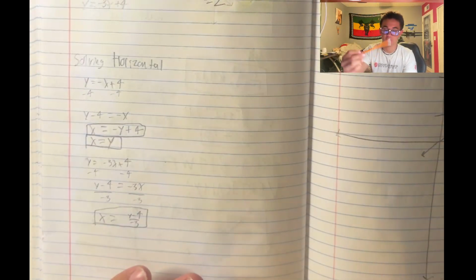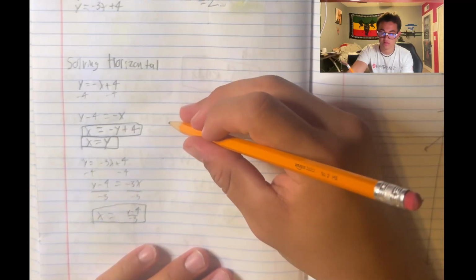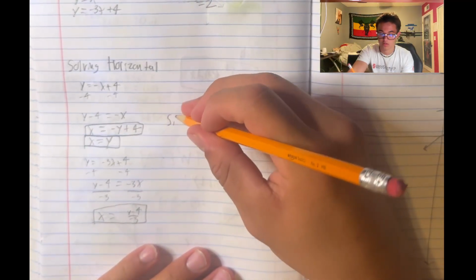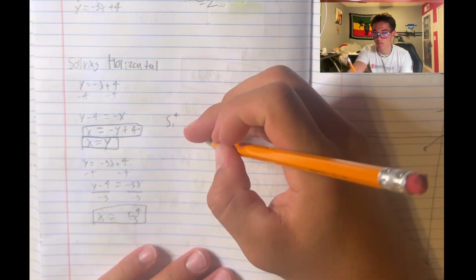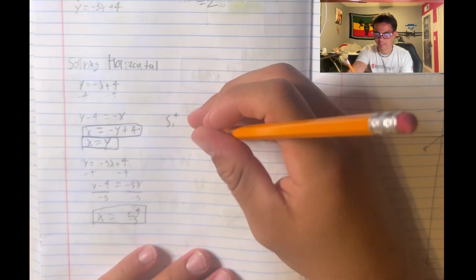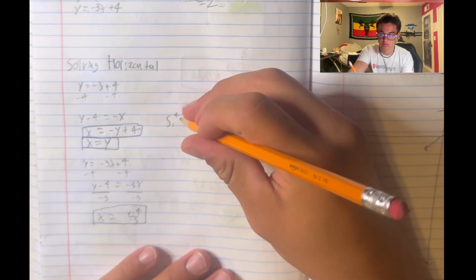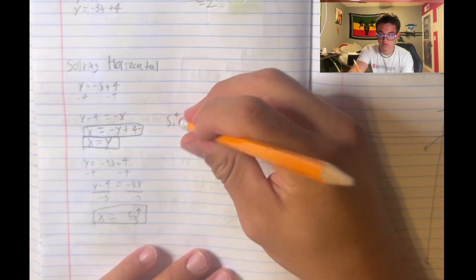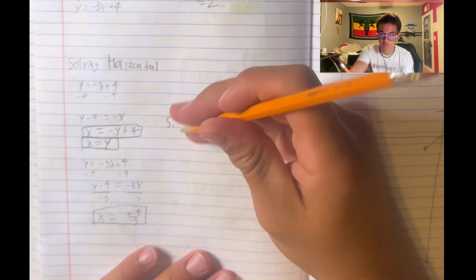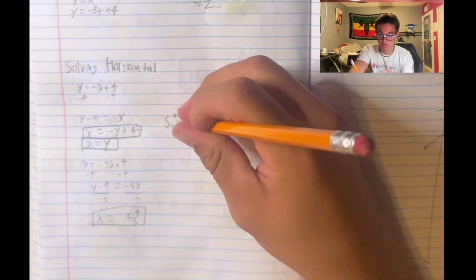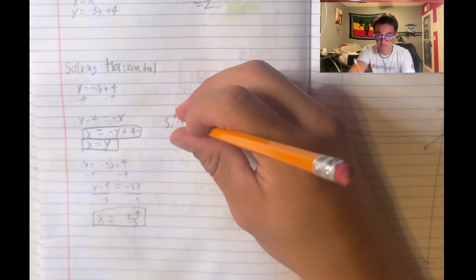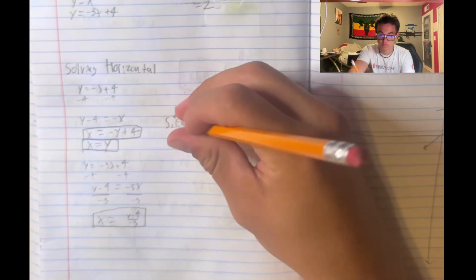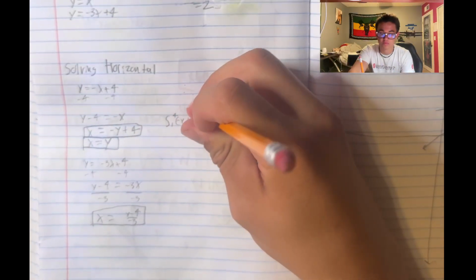Alright, so we should have the integral from 1 to 4 of x plus 4, oh, I mean negative y plus 4 now, dy.